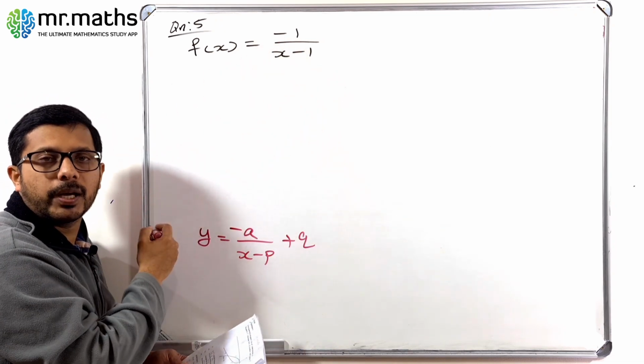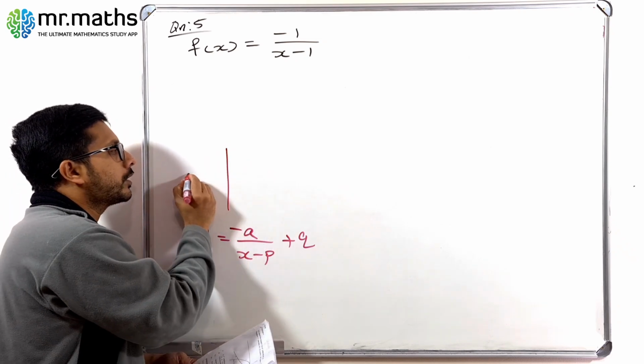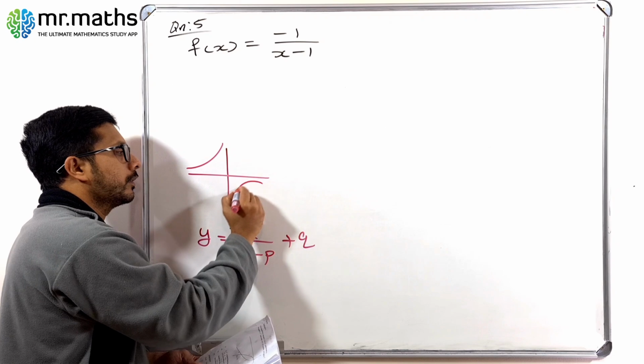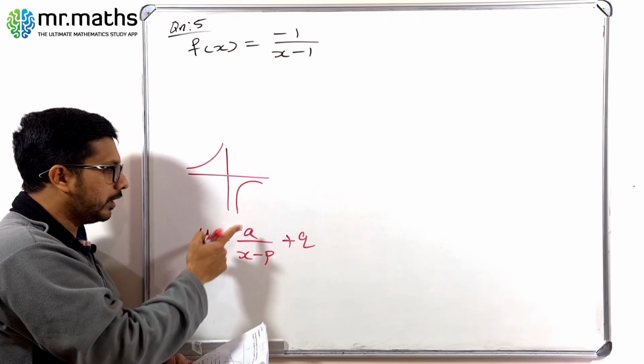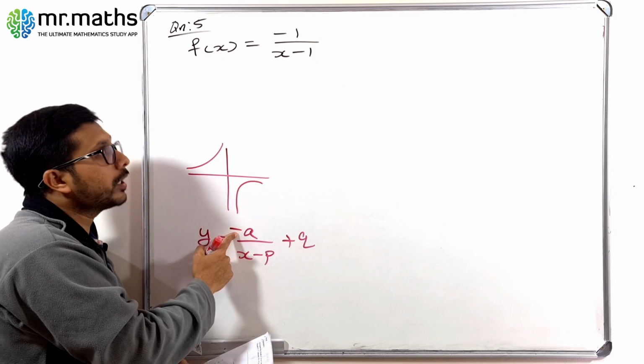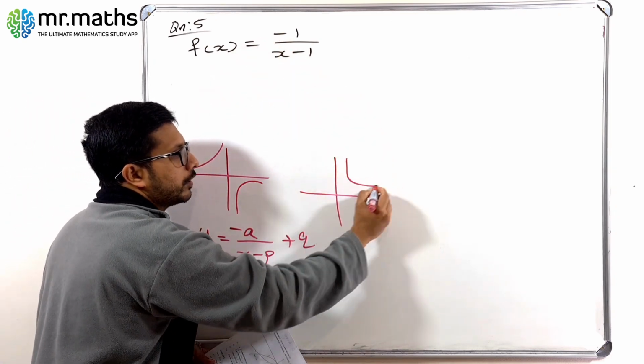Negative 1 or minus 1. That means the value of a is negative. Then the shape of the graph is like this. That means on the second quadrant and fourth quadrant, if a is negative. Okay, but in case if here it is positive, then the shape of the graph is here.